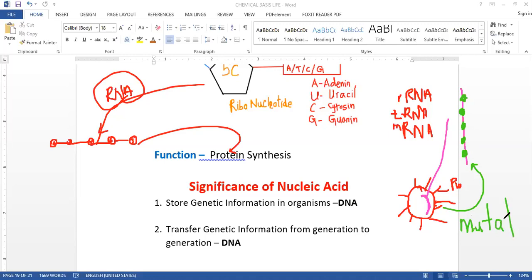Mutate means it changes the order of this ribonucleotide chain.